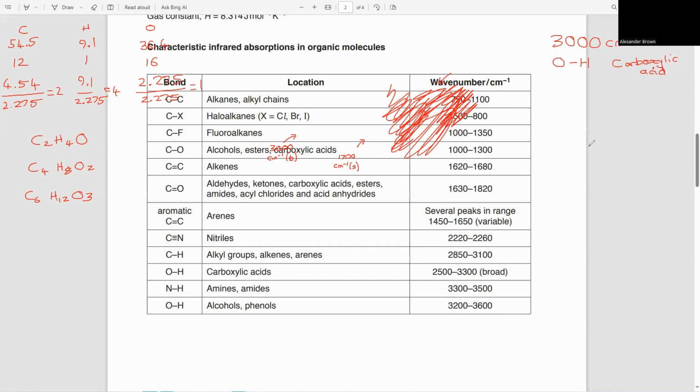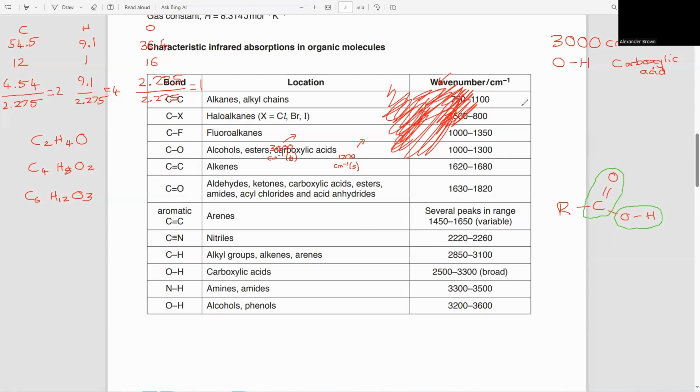Now let's draw the functional group for a carboxylic acid. It looks like this: R, C, double bond O, OH. So we know already that we have an OH bond. Because this compound has a carboxylic acid in it, it must also have a C double bond O within it.